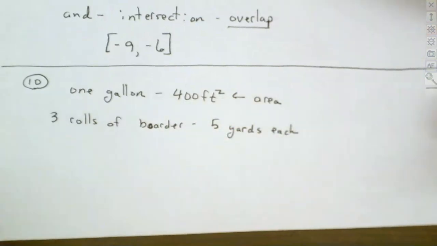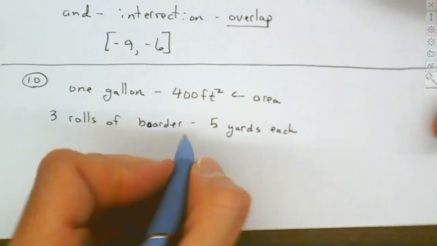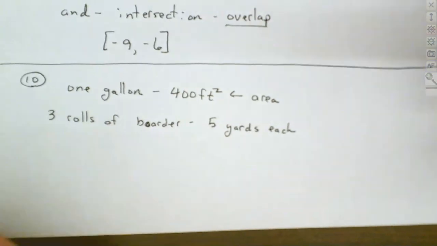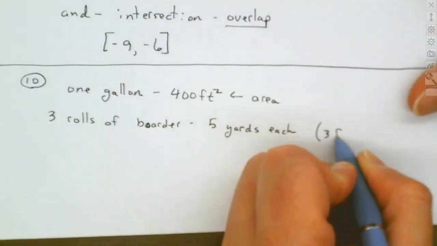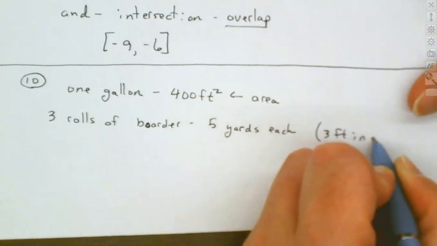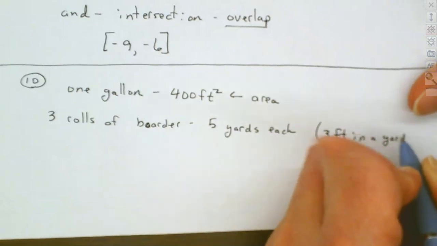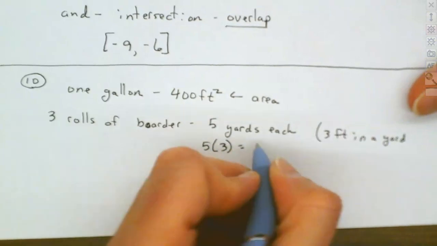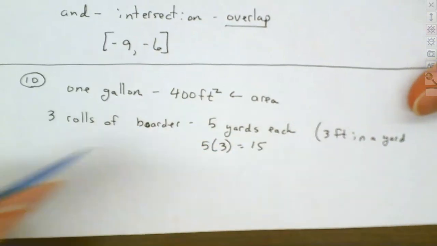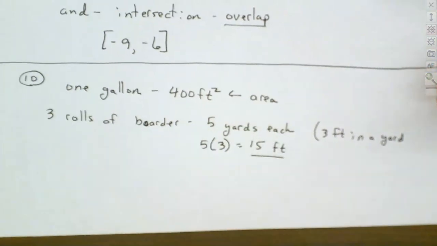So let's see what we have in terms of feet. So 5 yards each. What would that be in terms of feet? Because we need to make sure we get the correct units. Remember, there are 3 feet in a yard, right? So 3 feet in a yard. So that means we have 5 times 3, which is then 15. Okay, so 15 feet for each roll of paper. Now, how many rolls of paper do we have?